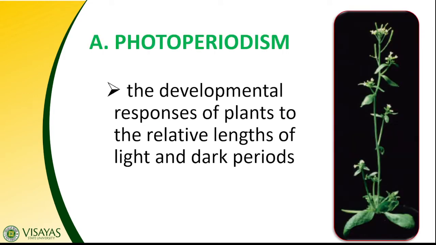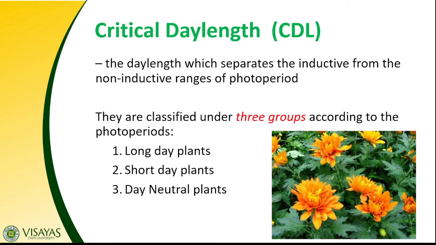Control of flowering of many crops can be done by considering different phenomena, and one such is photoperiodism, which is the developmental response of plants to the relative length of light and dark periods.